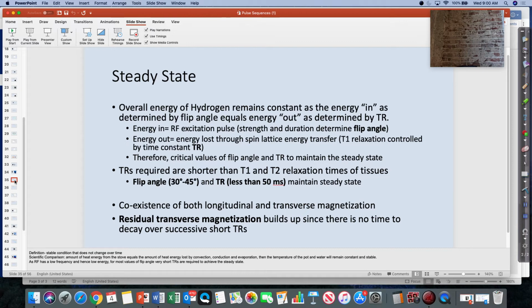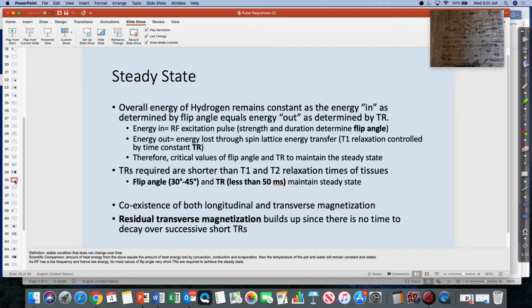MZ, which stands for what? Longitudinal or transverse? Longitudinal. And then transverse is M sub XY. So M sub Z, longitudinal; M sub XY, transverse.